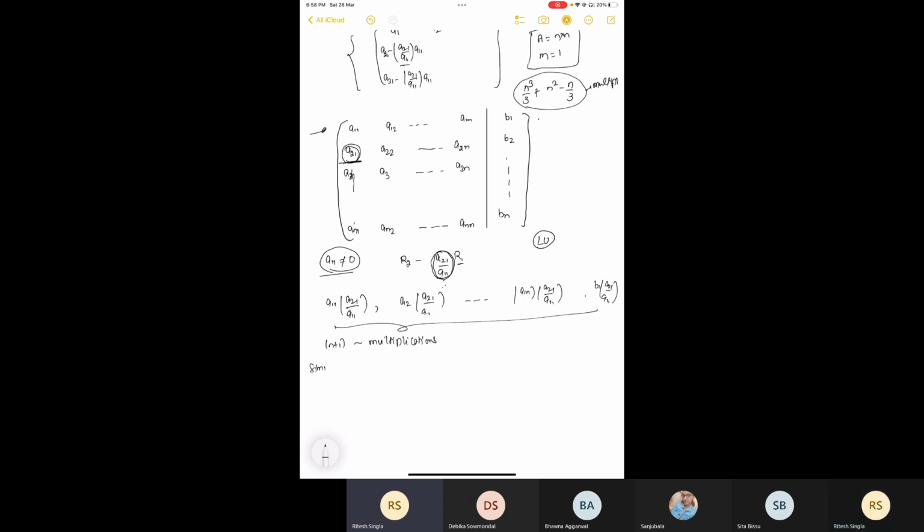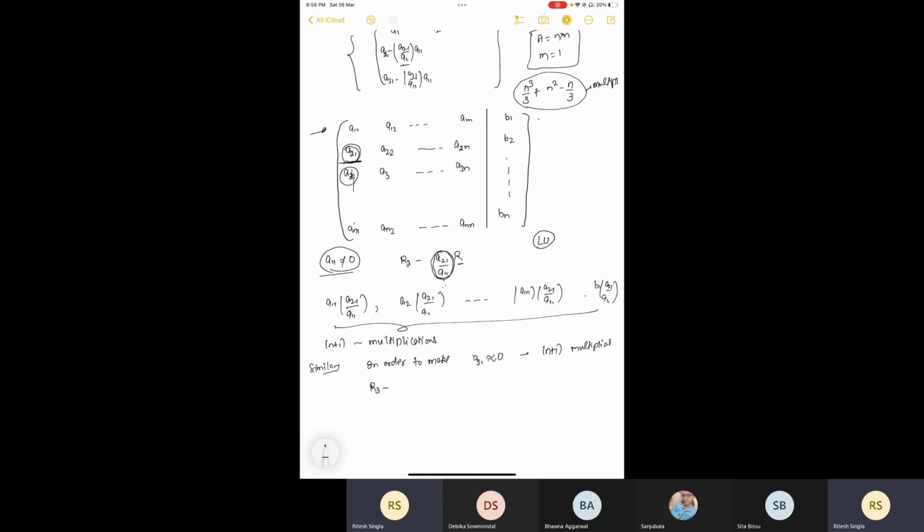Similarly, in order to make the A31 entry equal to 0, we will again need n plus 1 multiplication operations.